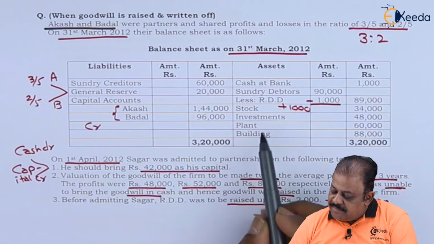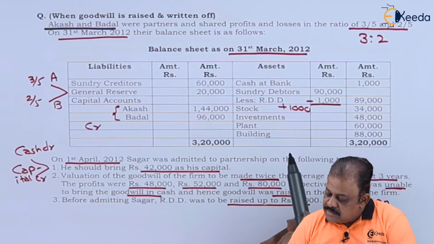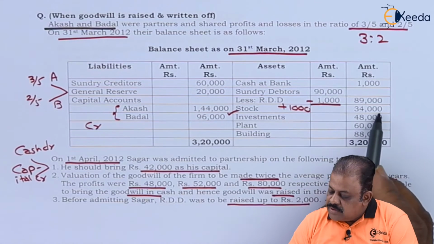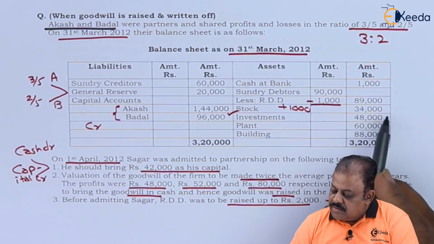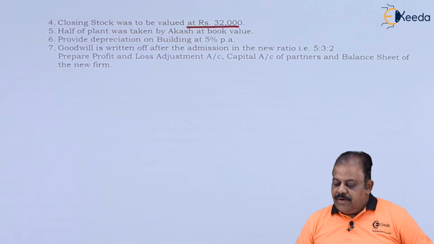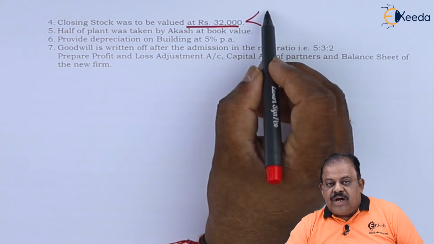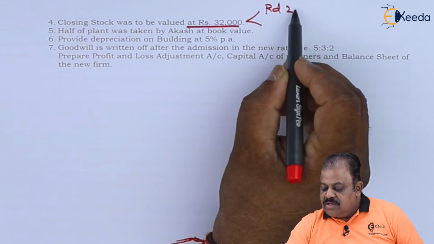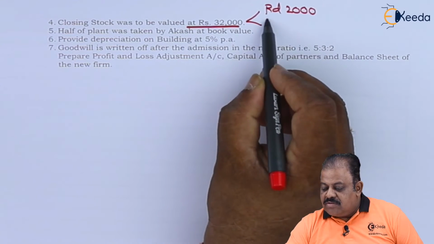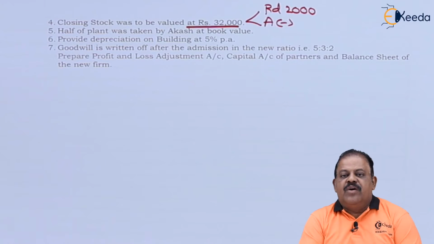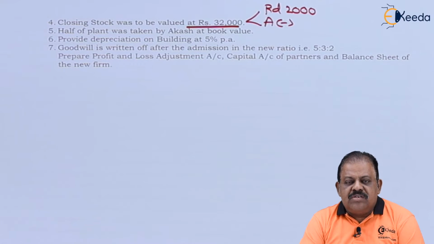Stock here we have 34,000, so it has been revised. New value is 32,000, so 2,000 is reduced. This will be debited to revaluation account, and from the asset we are required to deduct 2,000 from stock.